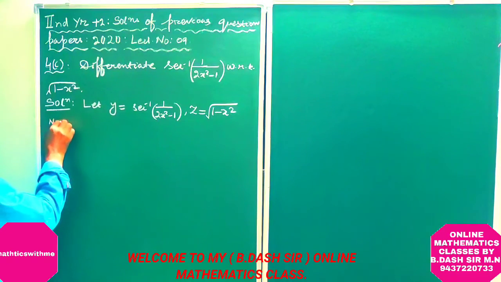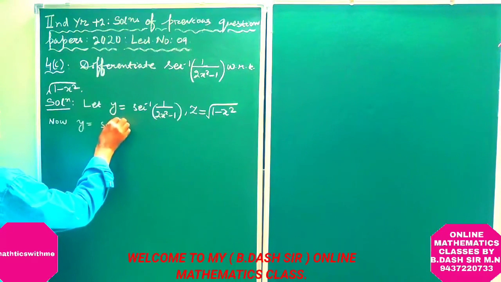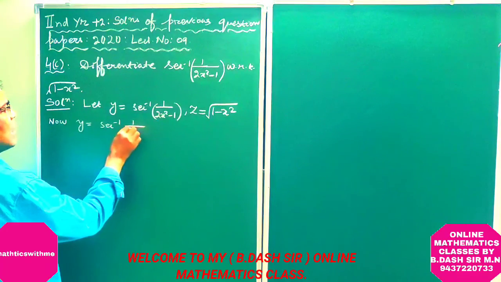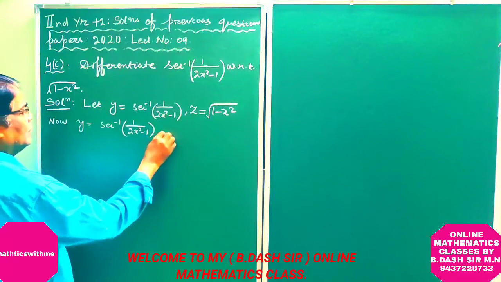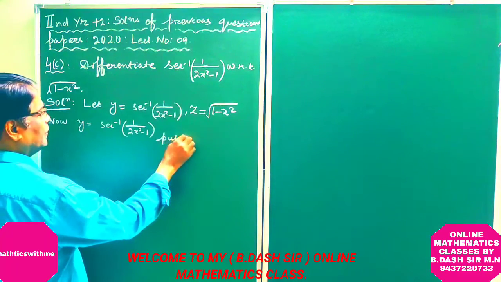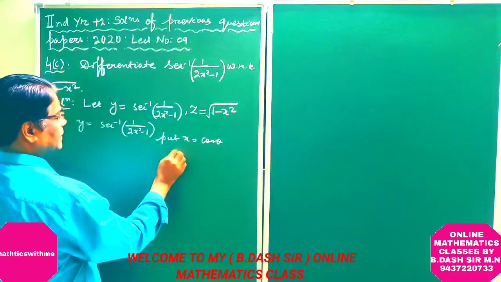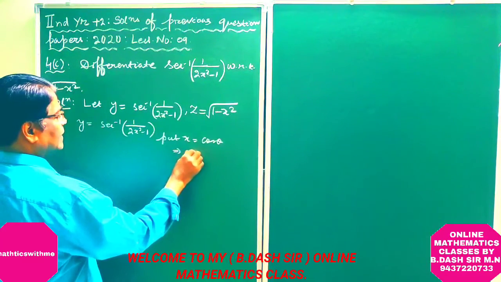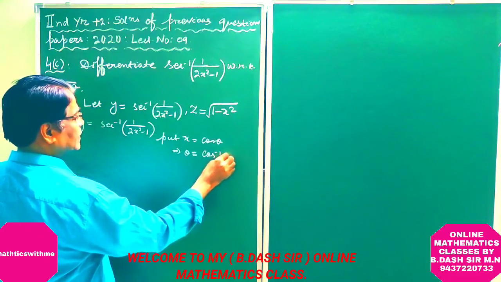Now y is equal to sec inverse of 1 by (2x² minus 1). Put x is equal to cos theta. Then theta is equal to cos inverse of x.